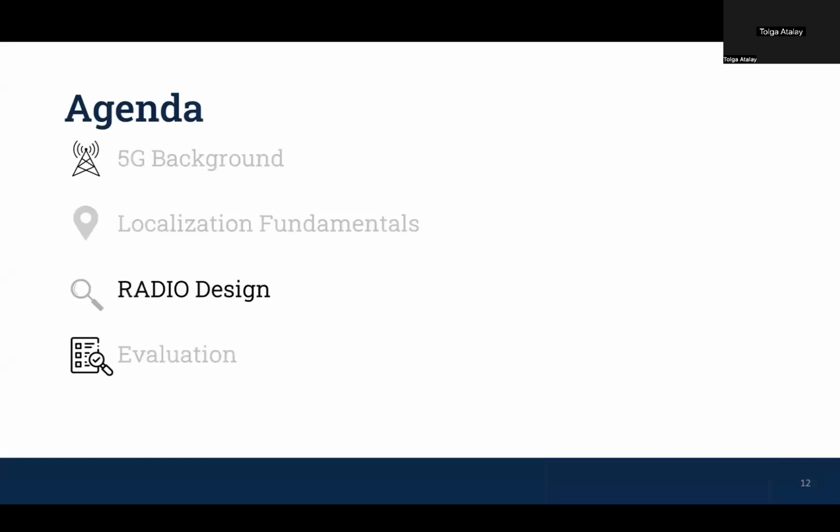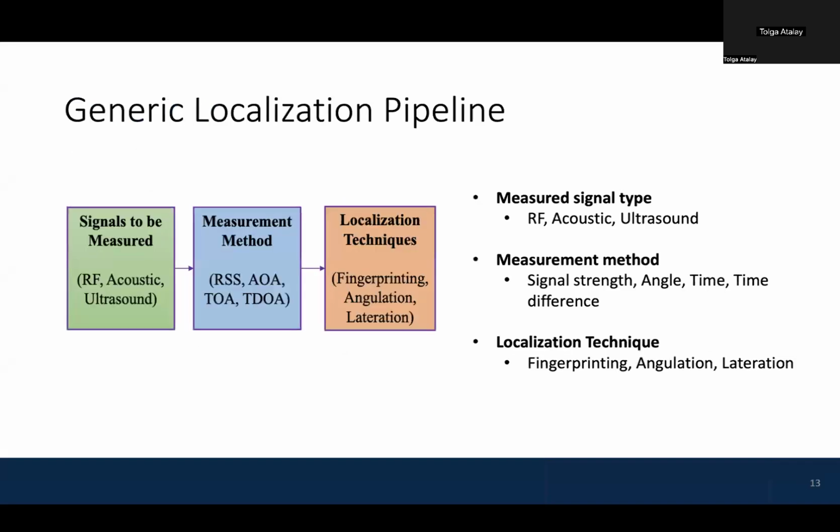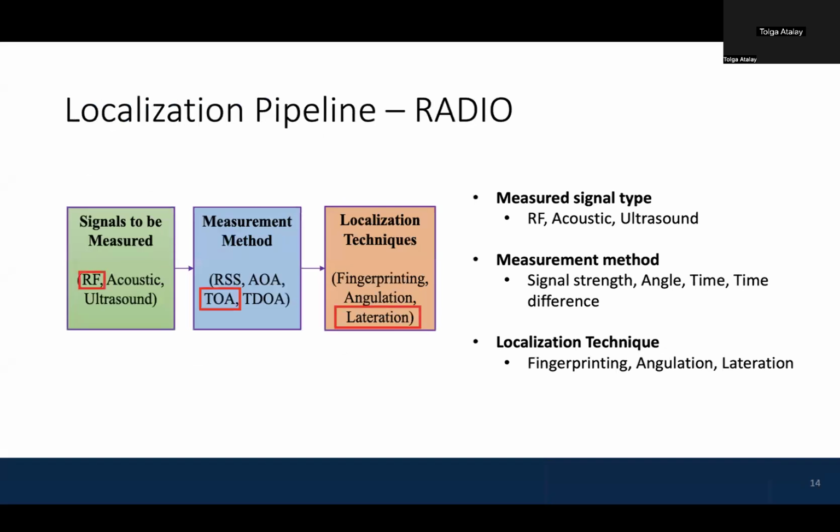So let's talk about the actual framework. If you remember this joint localization pipeline I showed, the specific components that we have chosen from these building blocks are highlighted here. We use RF measurements based on time of arrival, and we leverage them in a lateration technique.